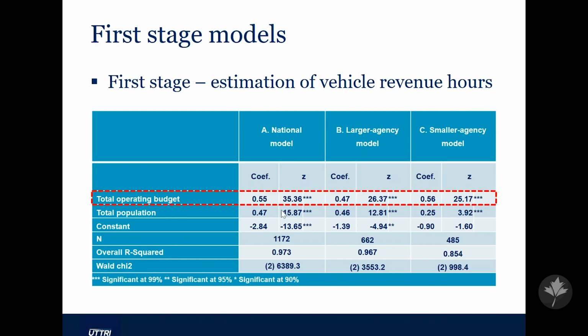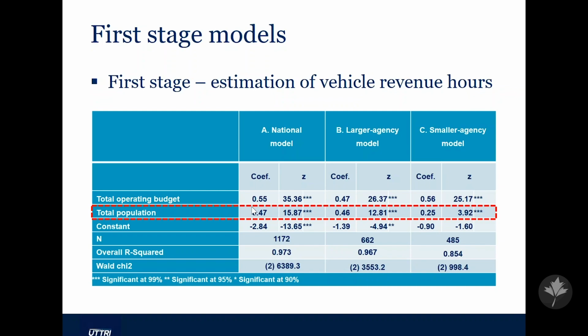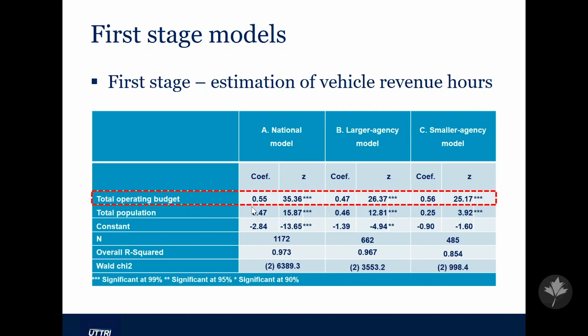We see here that the model has a very high R squared of 0.973, so a lot of the variation across time and across transit systems is well captured by this model. And the two independent variables, the total population and the operating budget, are both statistically significant.